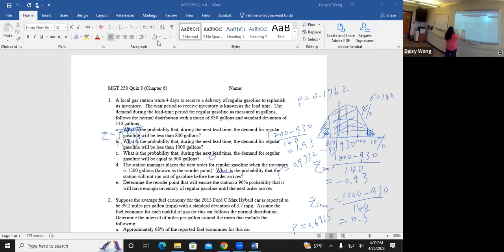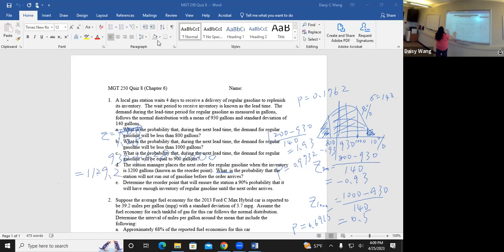So it will be 930 plus 1.28 times the standard deviation, which is 140. So that will be 1129.2. So that will be E.